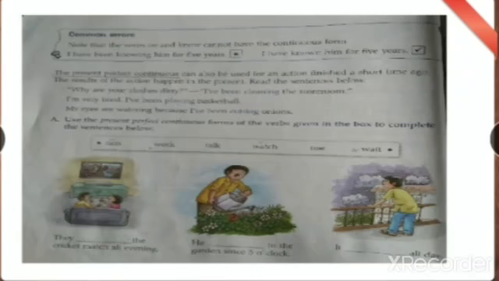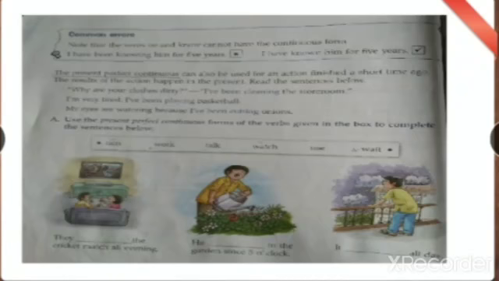I told you when some action started in past and still going on. But you can use present perfect continuous also some action started in past, it got over. Okay, but the result of it is seen in present. At that time you're going to use present perfect continuous tense.